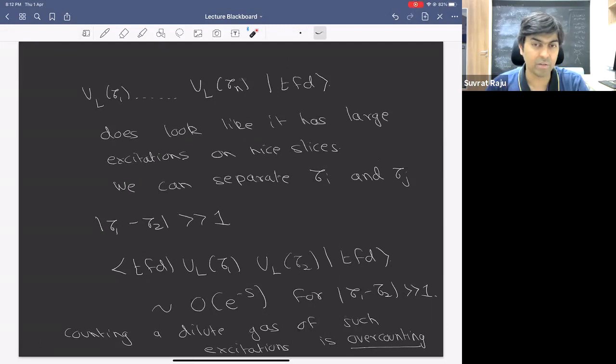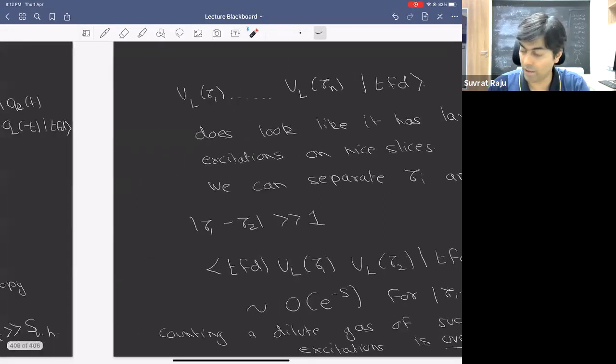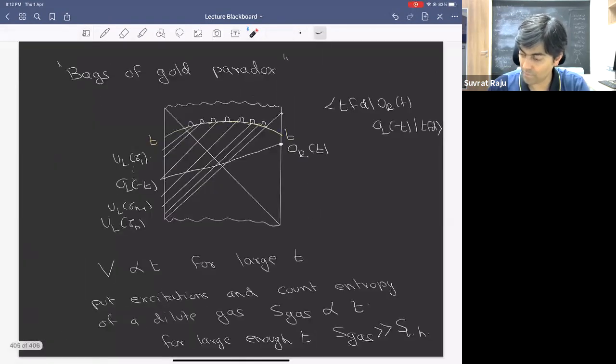But here we are just trying to ask what is the mistake that somebody who counted this dilute gas made. So it's not that you're wrong, it's a closely related paradox, and here we're just looking at it from a different angle. Does that answer the question? Yeah.